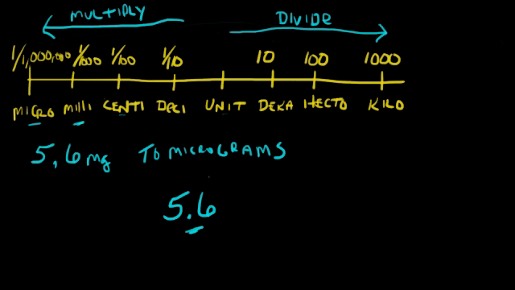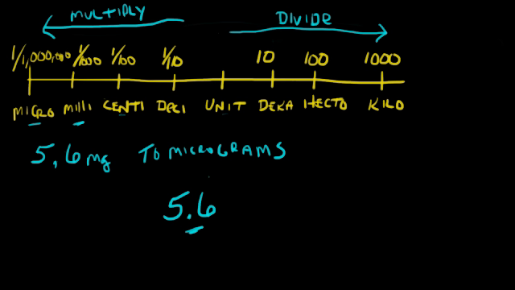A milli is a 1,000th of a unit. If you look at the number of zeros in 1,000, there's 3 zeros. There's 6 zeros in 1,000,000. The difference of that is 3 zeros, which means that we're going to move our decimal point 3 places to the right.